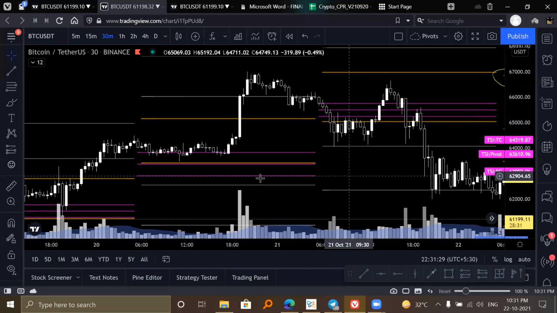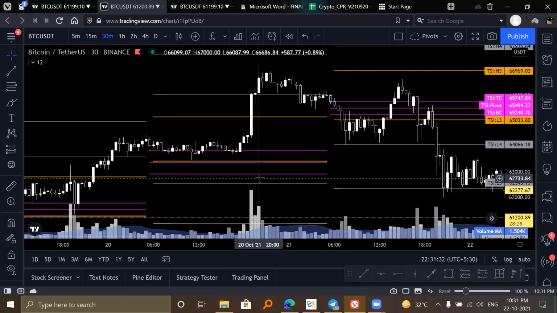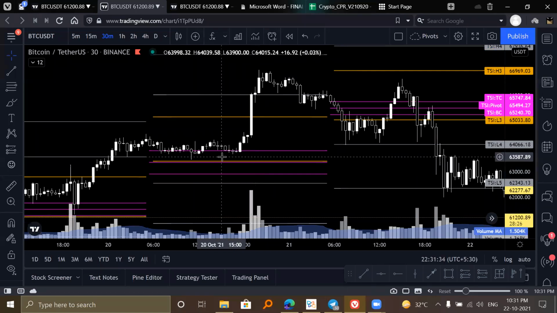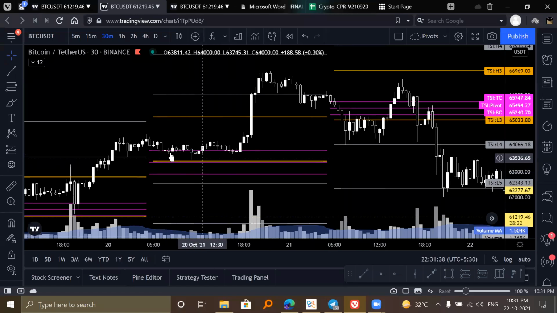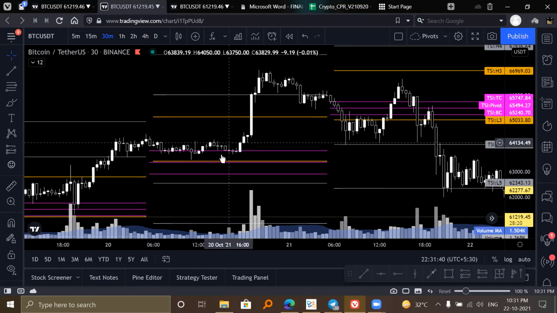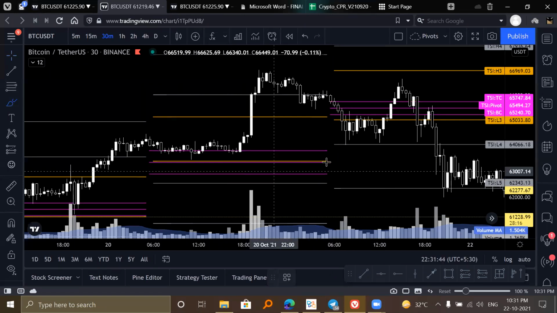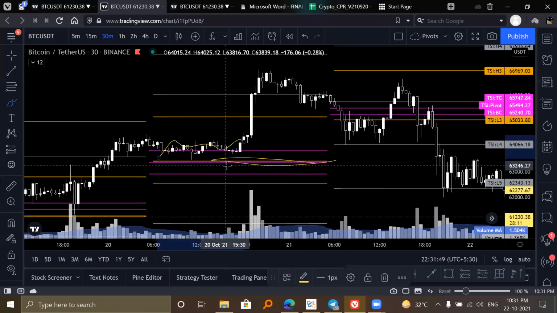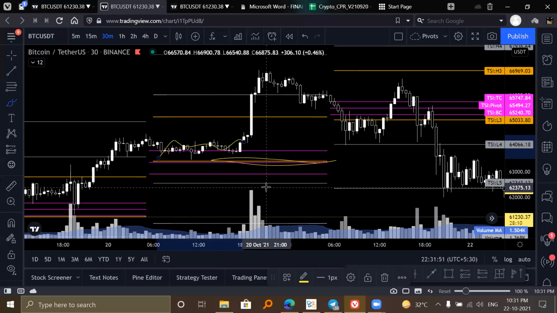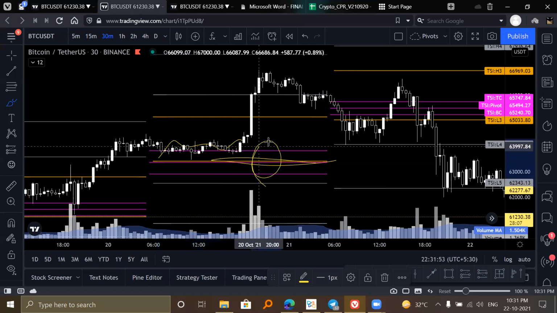So when two pivots converge or are very close at one price level, it will act as a very good support or very good resistance. Since price was above this line, you can see the lines were here and price was above it. So it will act like a support now. This whole zone will act like a support zone.